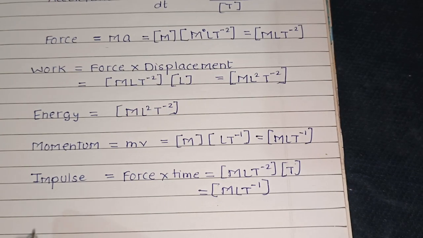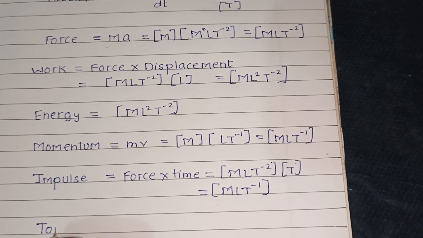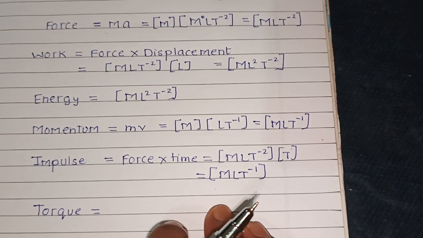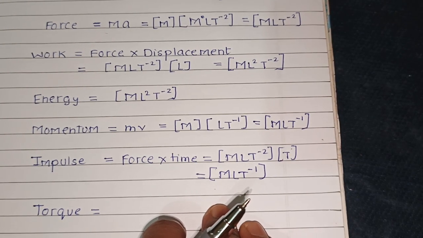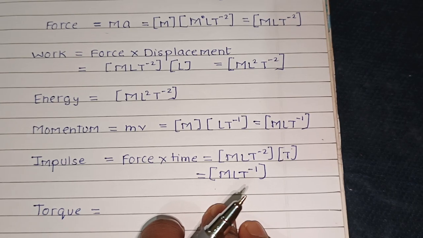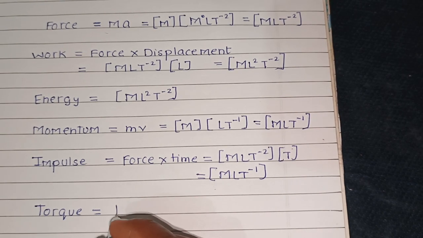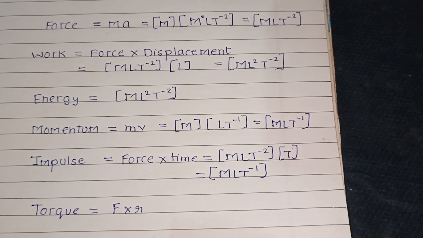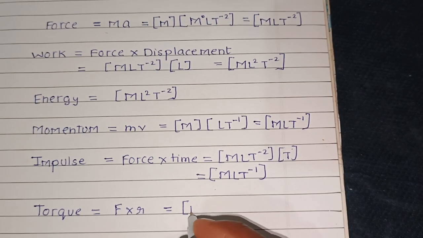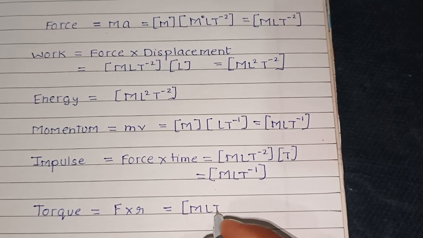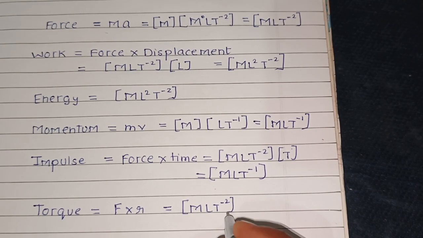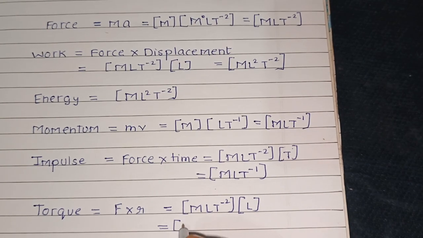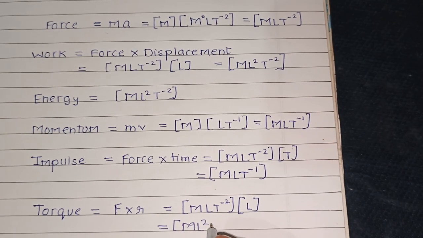Now torque. Torque is F into R. The dimension of force is M L T to the power minus 2 and R has dimension L, so that is M L square T to the power minus 2.